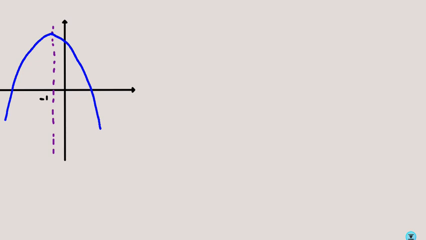If, for example, we have this curve, this parabola, and we know that the function of x is ax squared minus 8x plus 96, and we want to find the value of a and the two roots.